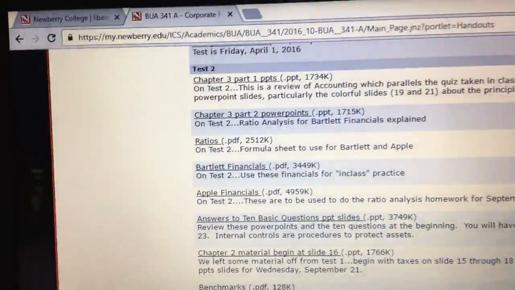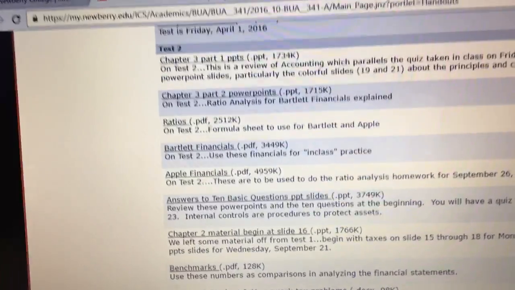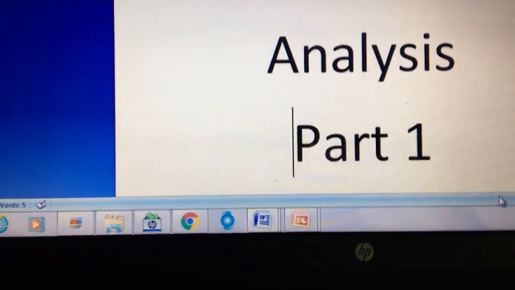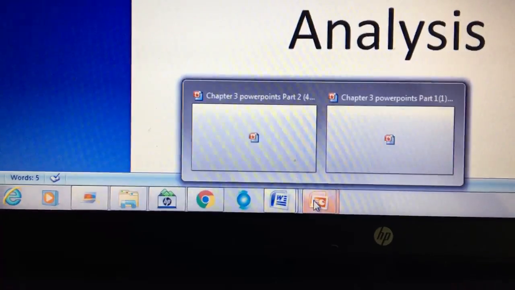It's taking a bit longer over here. I already have it pulled up on my other set of slides, so let's go over here and take a look at it. I'm working on two computers.